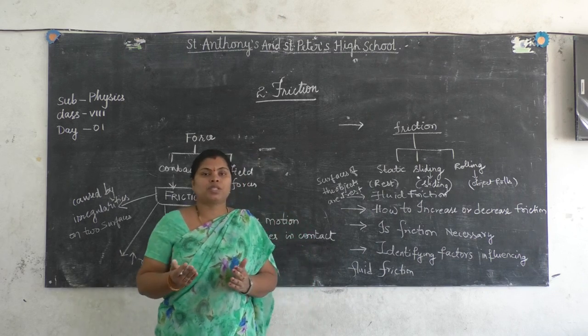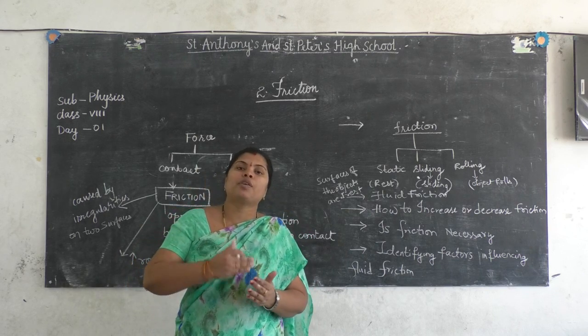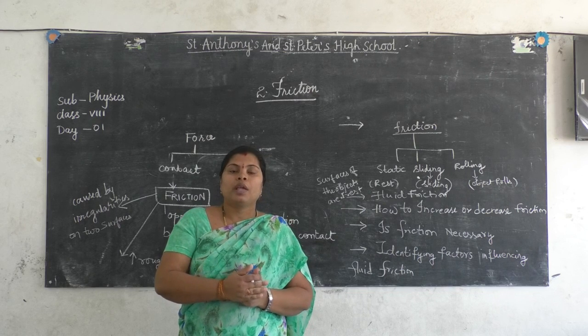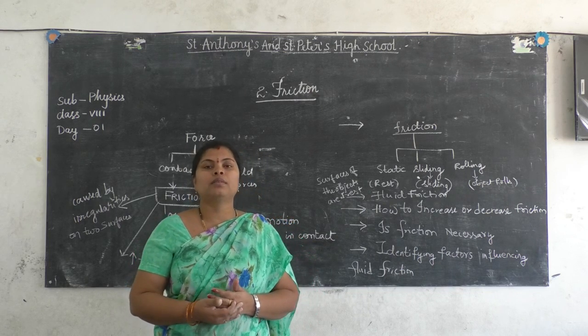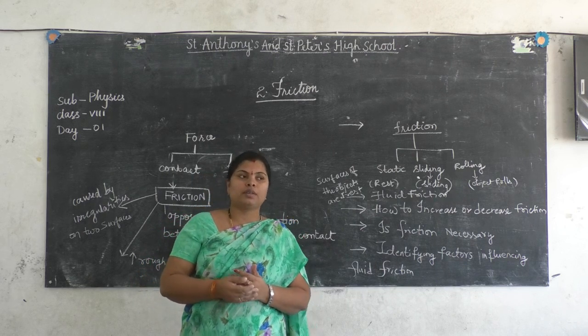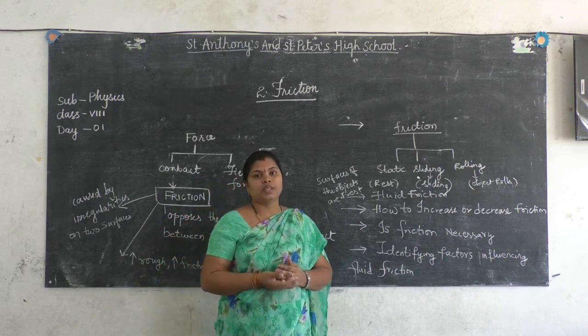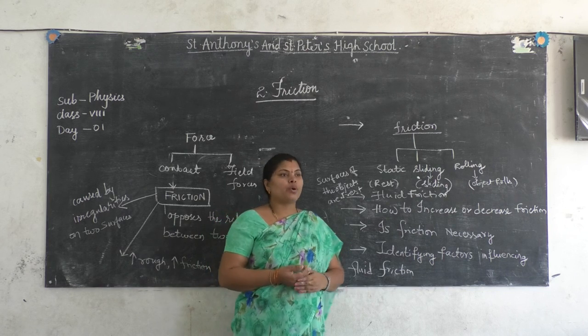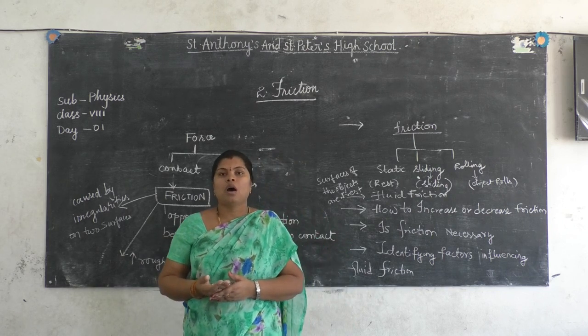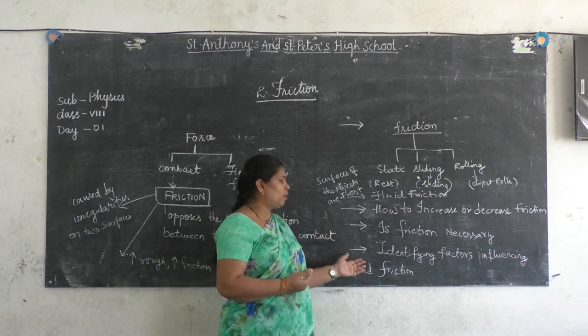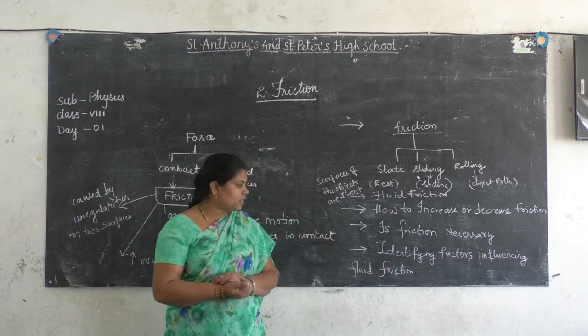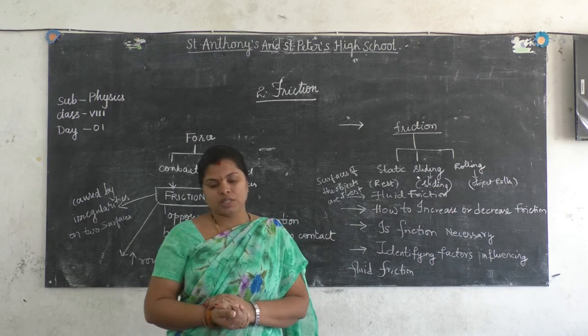If there is no friction, is there any necessity of increasing the friction? If we want to increase the friction, what are the things to be done? How can we increase friction? And also, if friction is more, how to decrease friction? And we will also study about identifying factors influencing fluid friction.